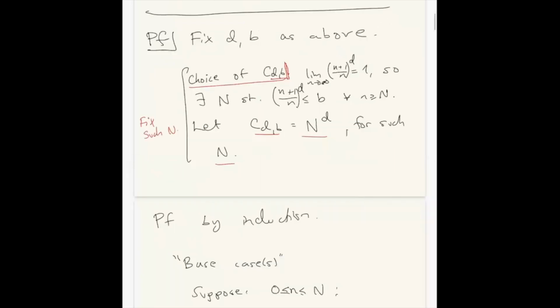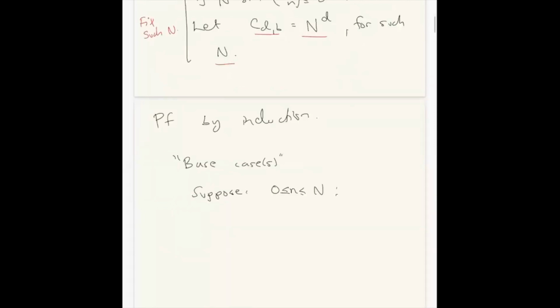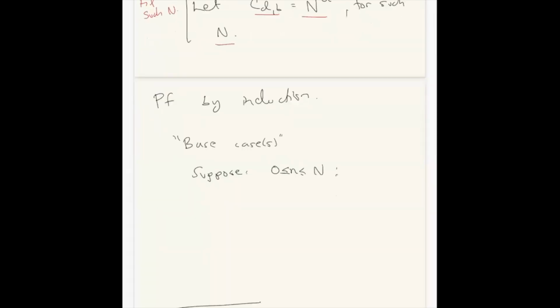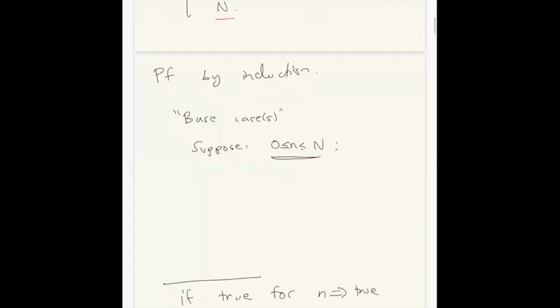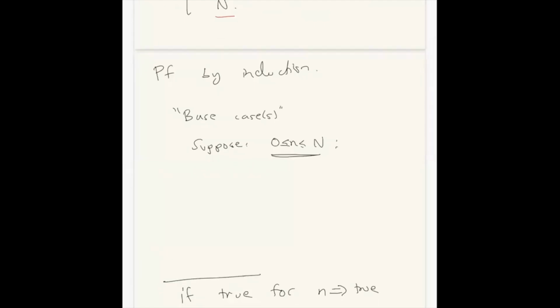To prove that rigorously is by induction. It looks a little funny, because it's nice to look first at not just the case n = 0, but actually simultaneously all cases from 0 to N. So let's see what we have here. If you are in this case, then n^d will be less than or equal to N^d, which is equal by our choice to C_{b,d}.